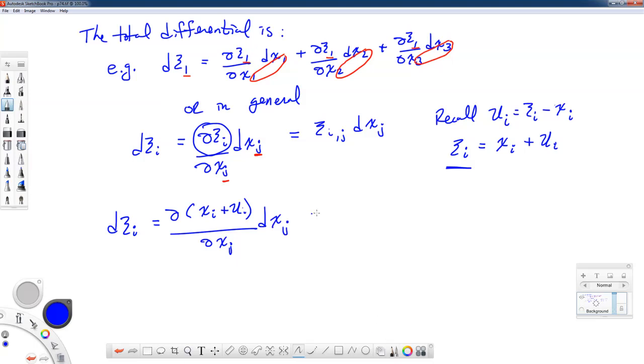And multiplying that term out, we would have the first term, the partial derivative of xi with respect to xj, plus the partial derivative of ui with respect to xj, and then we would have our dxj out here. Now the first term we've seen a few times already, that's the Kronecker delta.